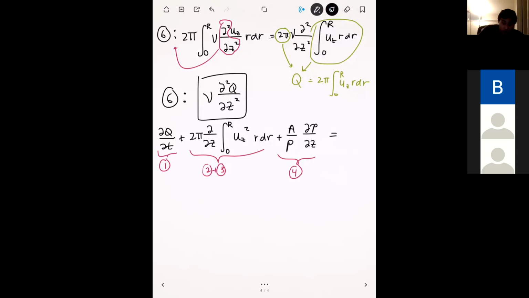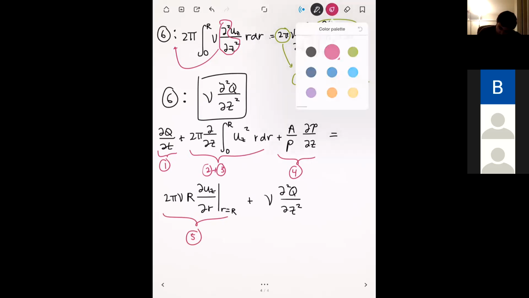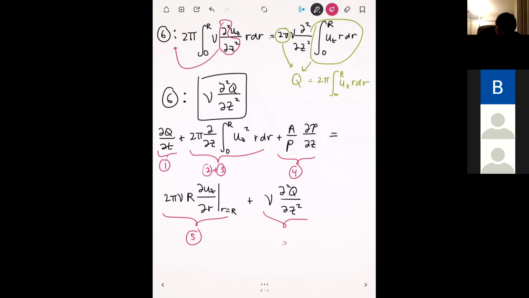And so integral 5 was 2 pi nu times r partial uz partial r, r is equal to big R. Okay, and so this was integral 5. And then we're going to add integral 6 to this. So it's nu partial squared q partial z squared. Okay. And this is integral 6. Okay.